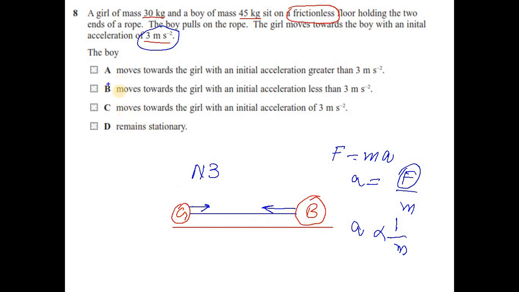So if you see, moves towards the girl with an initial acceleration of less than 3. Of course the mass of the boy is greater, that's why acceleration cannot be greater, and they cannot have the same acceleration because the masses are different. So your option is of course B.